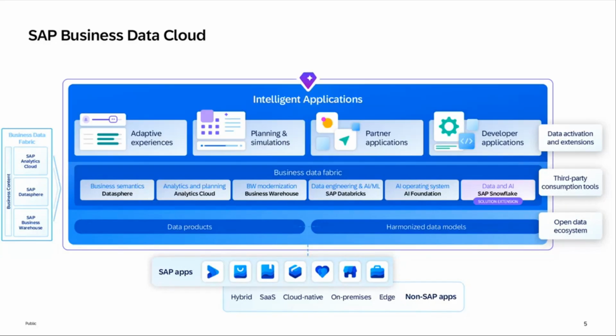To run artificial intelligence. When you want to train models and build intelligent applications, you need to have a harmonized data model. And with the partnership we have with some competitors, Databricks and Snowflake, the idea is to have a one stop shop for all your enterprise data.